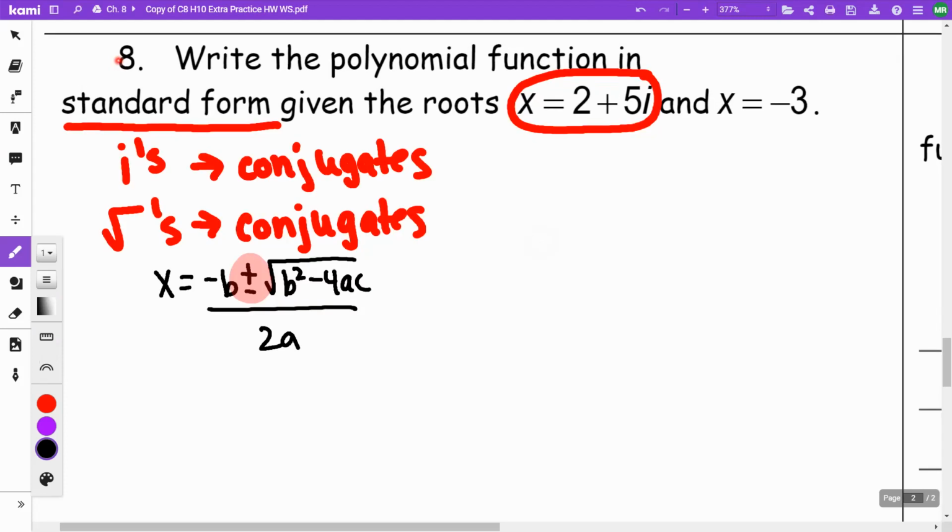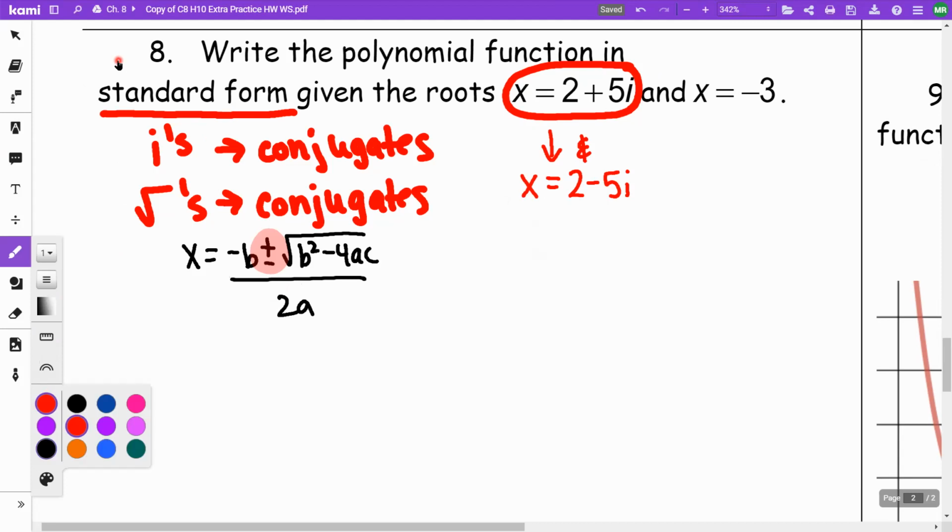So that explanation leads to the fact that not only do I have an x equals 2 plus 5i, but I have its conjugate, x equals 2 minus 5i. That is also a solution. So now I'm going to be writing out my factors.